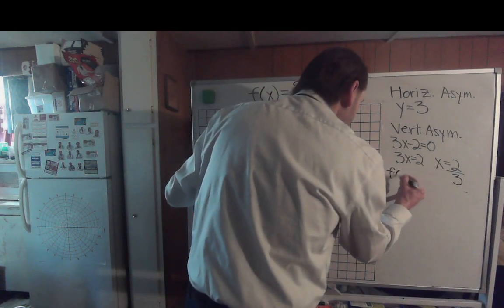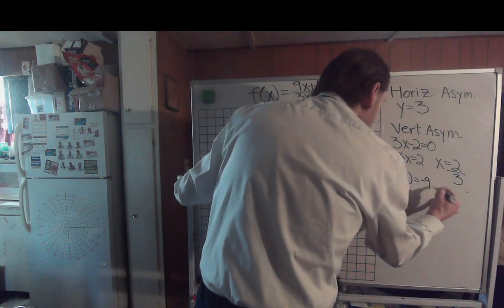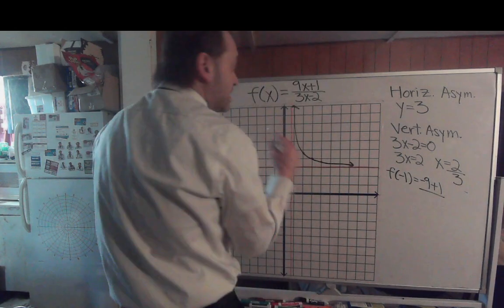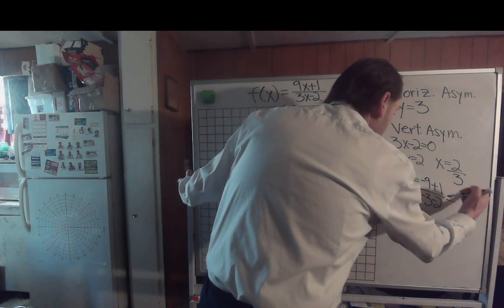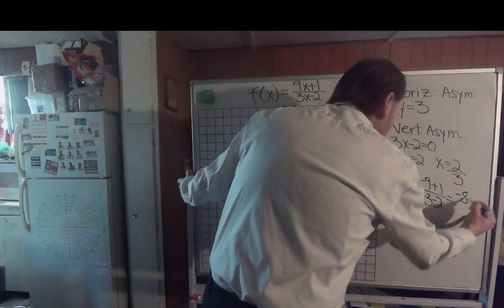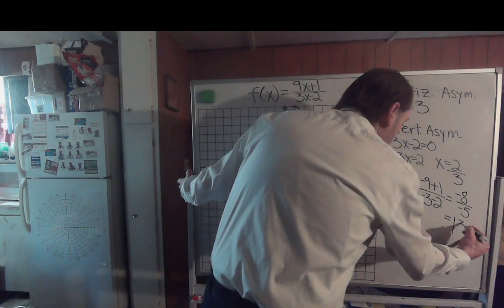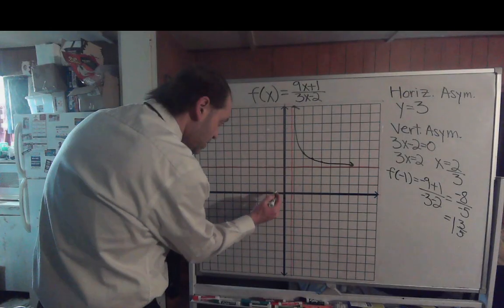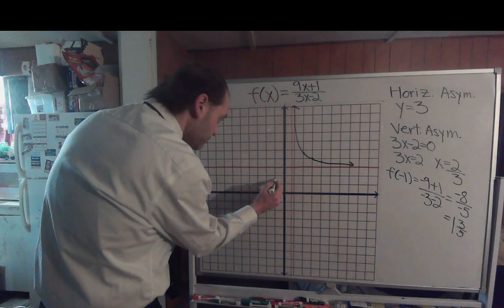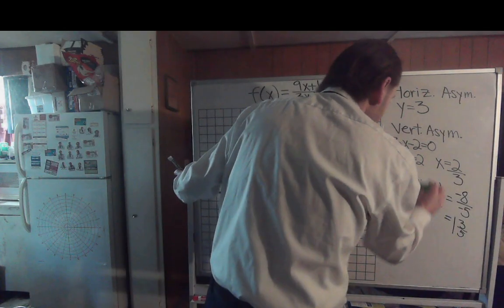So f of negative 1, that's going to give me negative 9 plus 1 divided by negative 3 minus 2, which would end up giving me negative 8 over negative 5, which would actually give me positive 1 3/5. So I'd be up to positive 1 3/5 right about there. Now let's do f of negative 2 when x is negative 2.